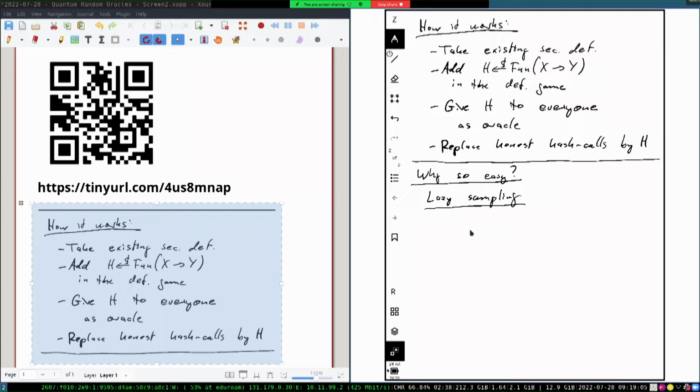So what does lazy sampling mean? It means that you replace your hash function h by a hash function that is lazy. In our model the hash function is a completely random function, and there's a way to emulate a random function by just evaluating its outputs when we need them. So all outputs are randomly chosen, and instead of choosing everything at the beginning, we can choose the outputs when we need them.